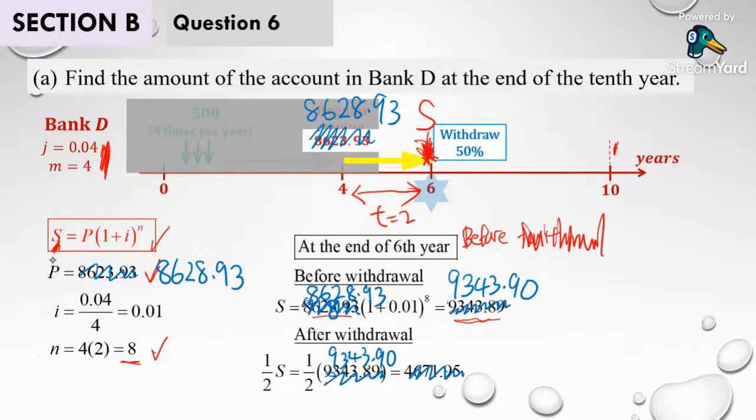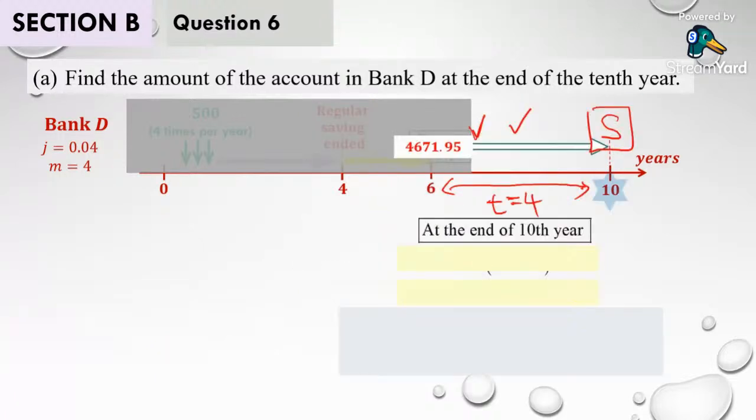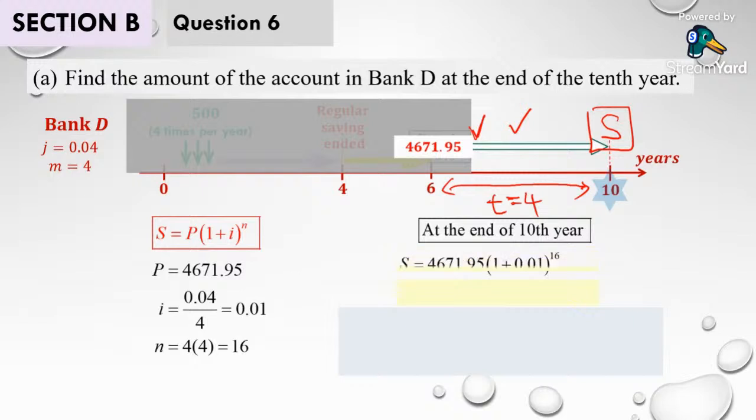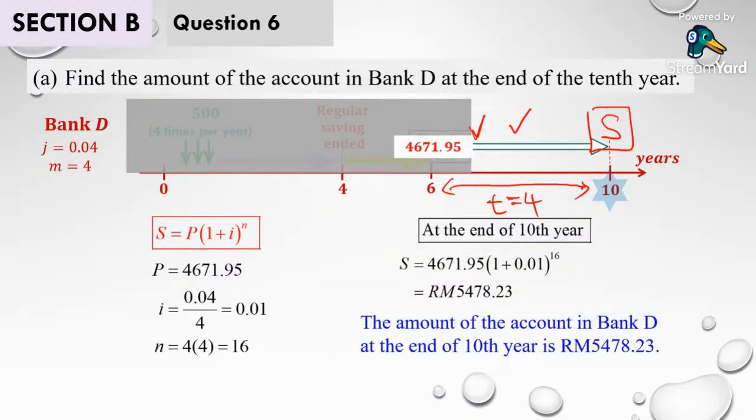Surprisingly, the final answer is the same, because just now it differed by 1 cent only. Okay, since this amount, 4,000 something, is the same, then for the very last part the answer should remain correct. We have 5478.23. So this is the answer that we get.